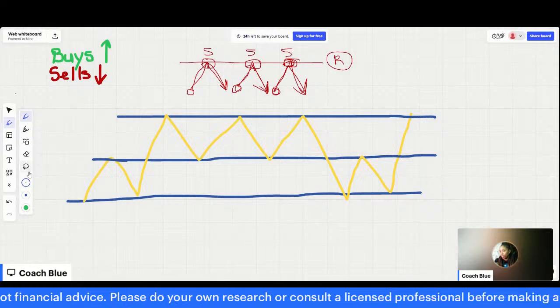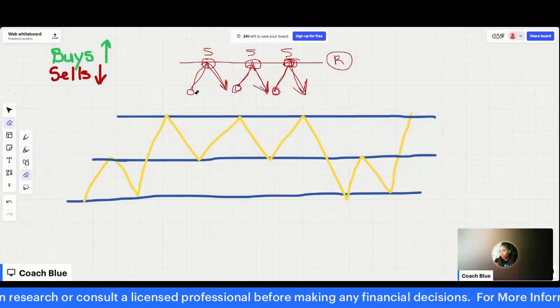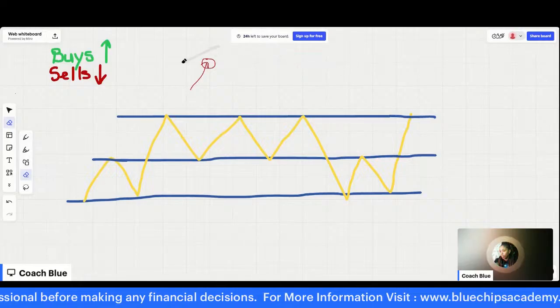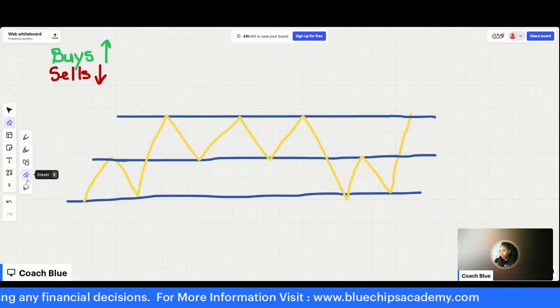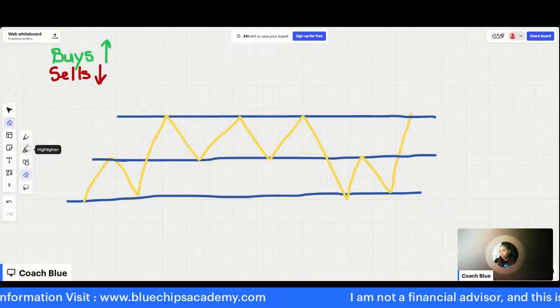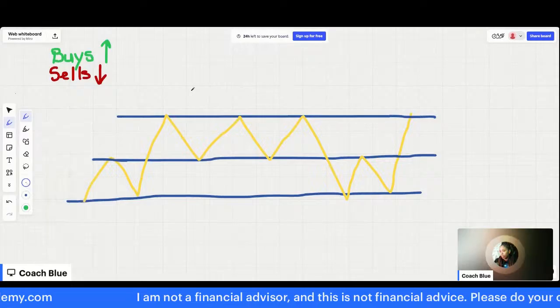Now let's talk about support, and all of this is going to tie together when we look at these key levels. Support is the opposite. I'll make this one green. That's your floor.